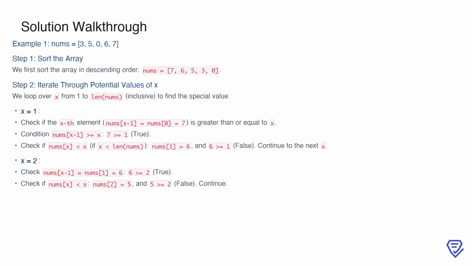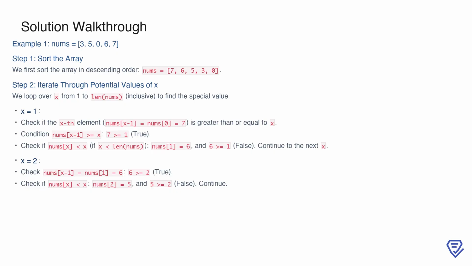Since 7 is at least 1, this condition is true. However, we must also ensure that if x is less than the length of the array, the next element, nums[x], is less than x. Here, the second element is nums[1] equals 6, and since 6 is not less than 1, the second condition fails. So, we move to the next value of x.